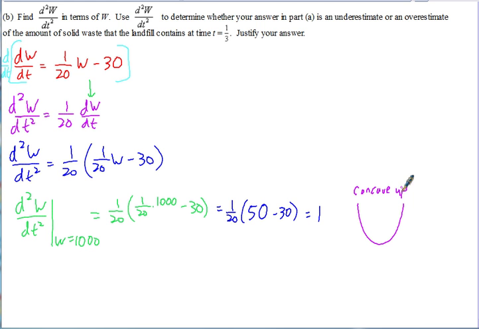And if the graph is concave up, then that means the tangent line is below the graph. In other words, it underestimates it.